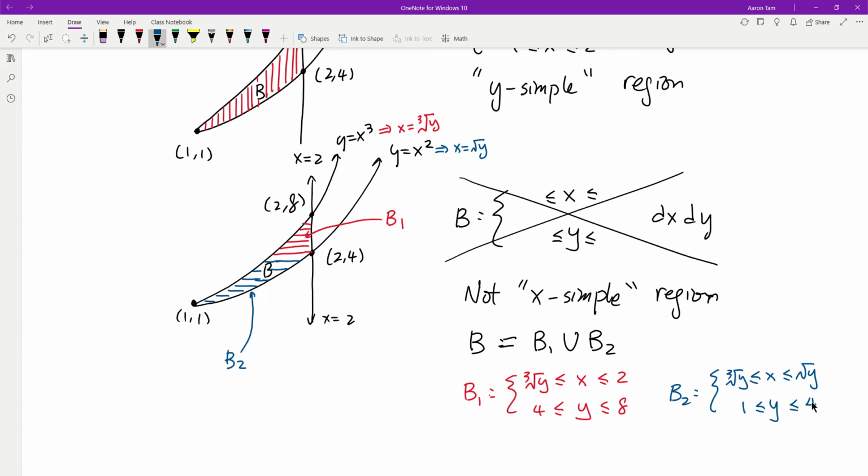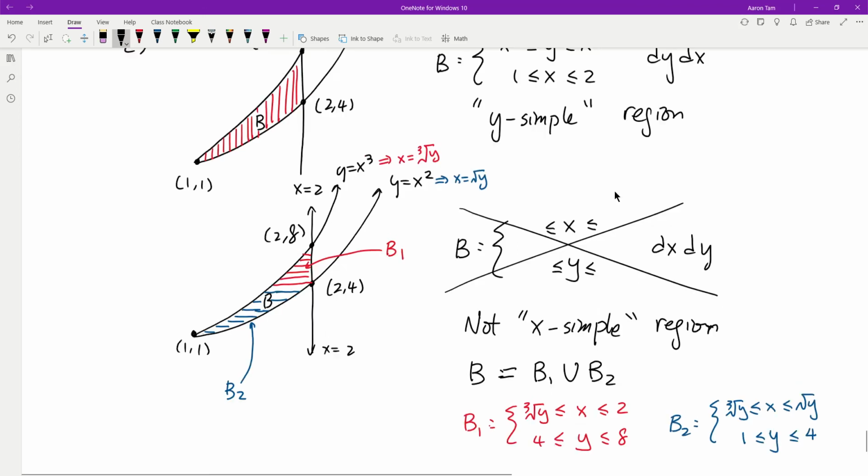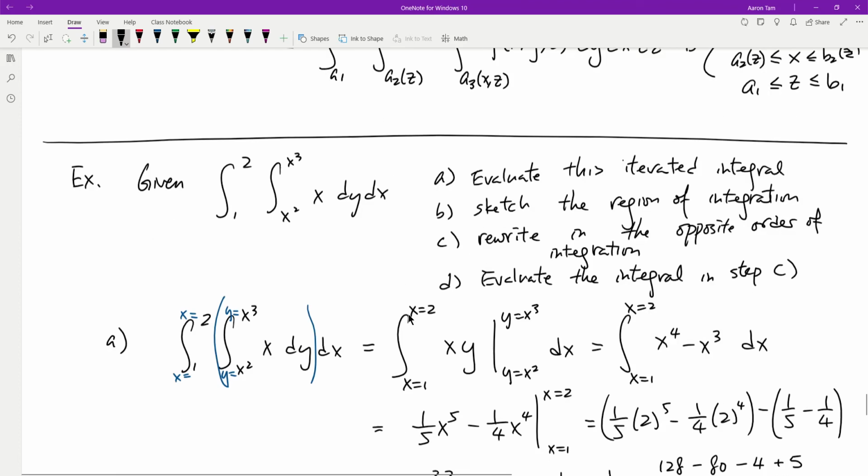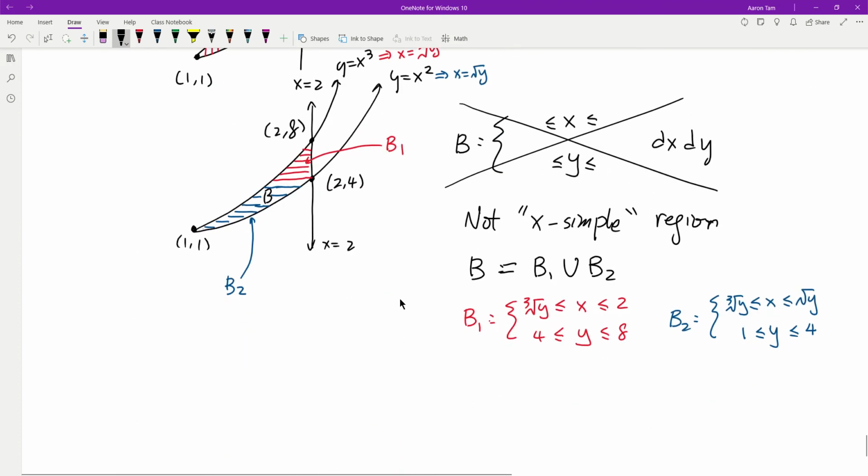What is the ramification of splitting the regions? Meaning now, in order to evaluate this integral, I actually have to do 2 separate integrals. This integral would have to equal the following.